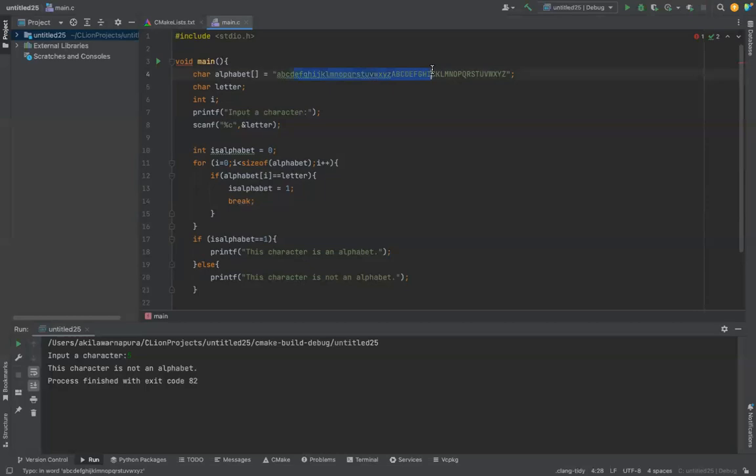Then it is not required to go through the other characters because it is an alphabet. Then let's say you provide Q. Yes, it's an alphabet. Simple Q. Yes, it's an alphabet. And 5 is not an alphabet.